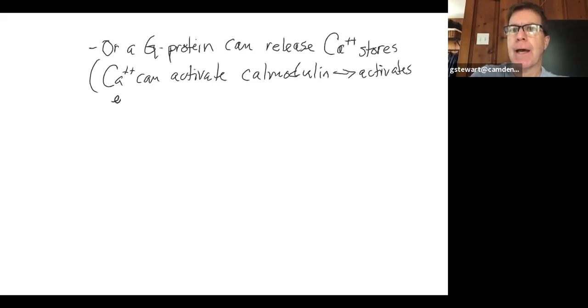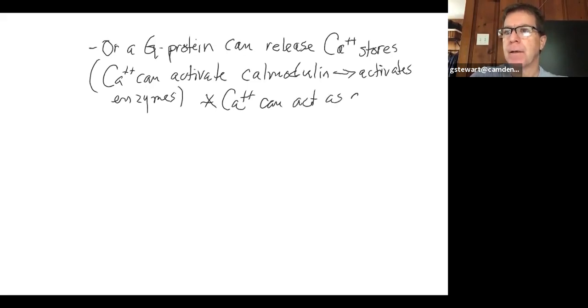The reason I'm writing this out is this second classical second messenger system. What I want to remind you is that calcium can act as a second messenger as well.